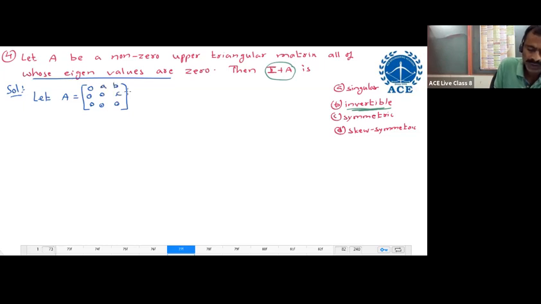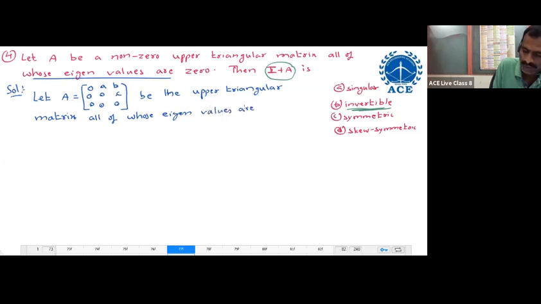Let A, with entries a, b, c, be the upper triangular matrix with eigenvalues 0, or all of whose eigenvalues are 0.